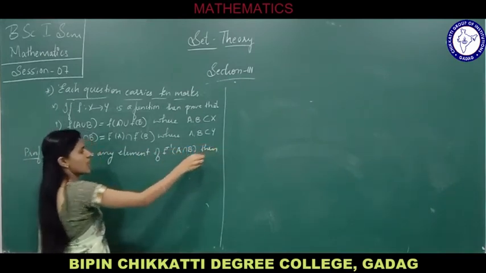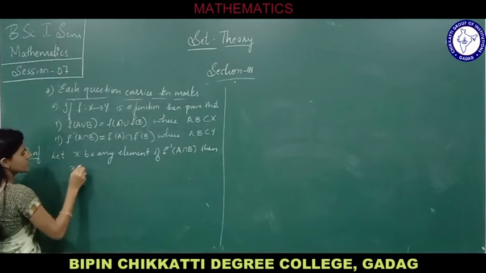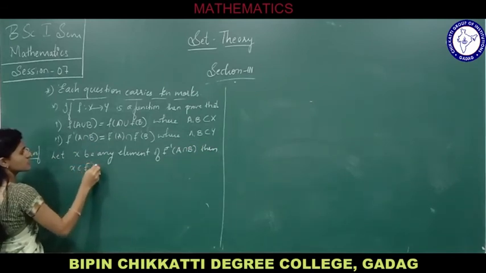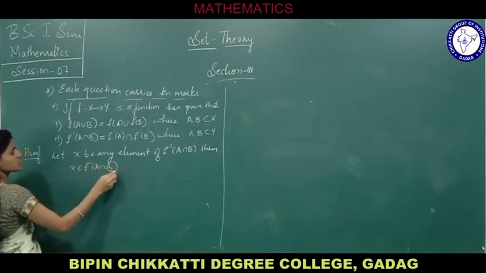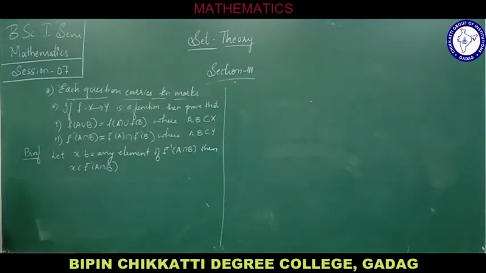Then what is going to happen? Then x belongs to f inverse of (A intersection B).